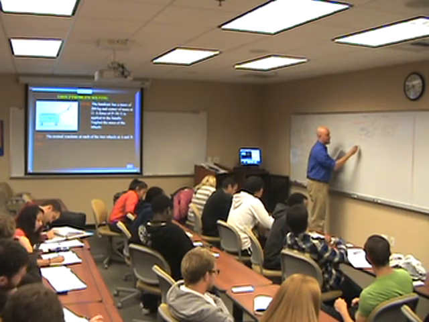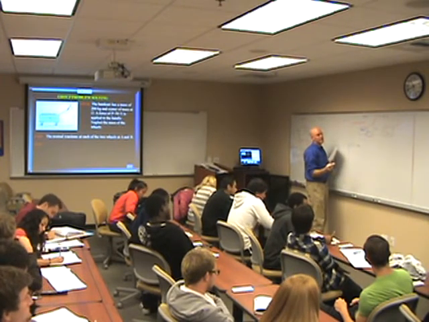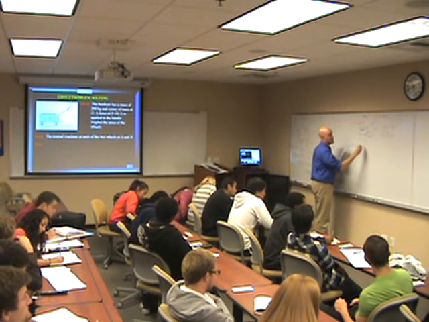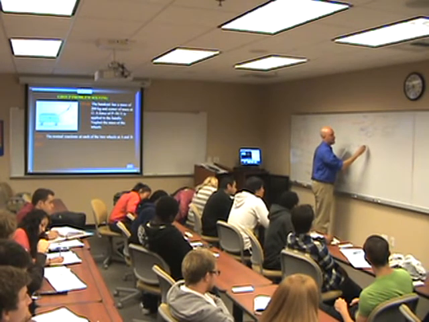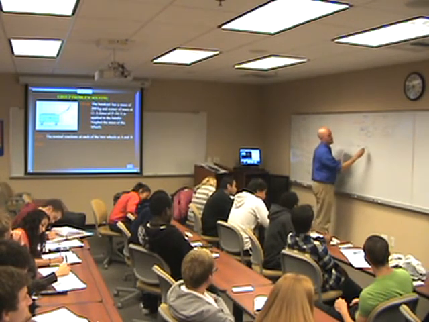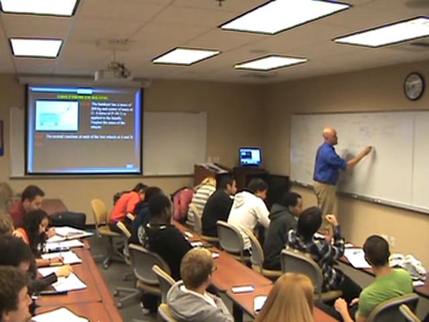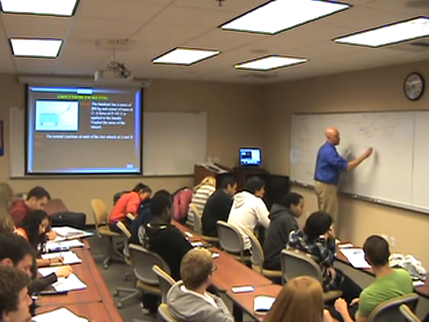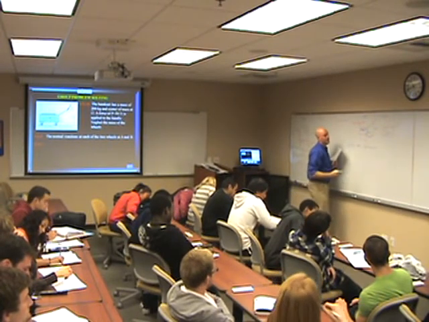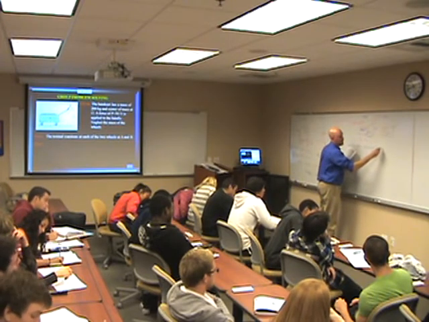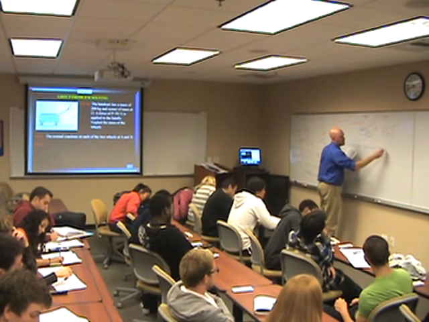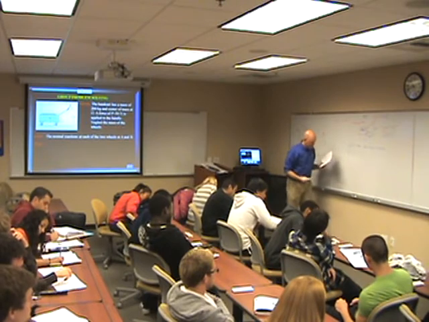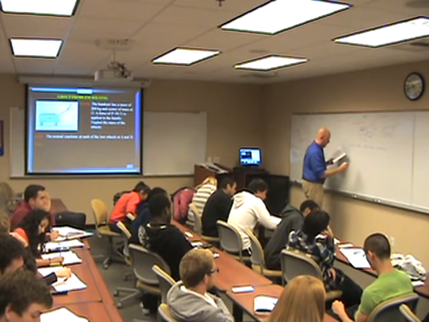Equals mass times a_x, which is equal to P cos theta. So it's 50 newtons times cosine of 60 degrees, equal to 200 kg times a.